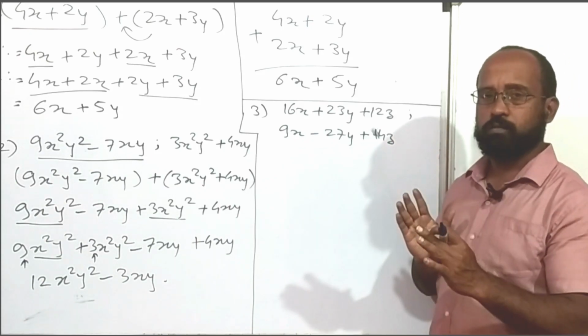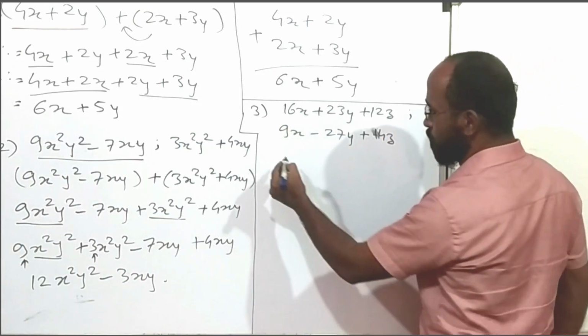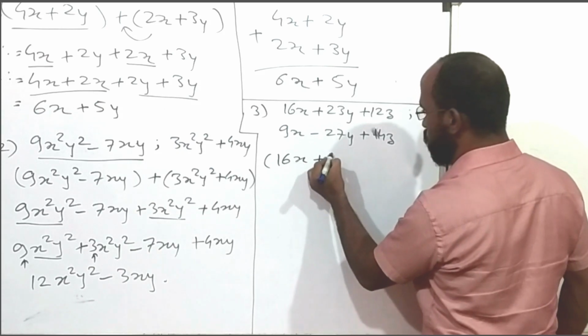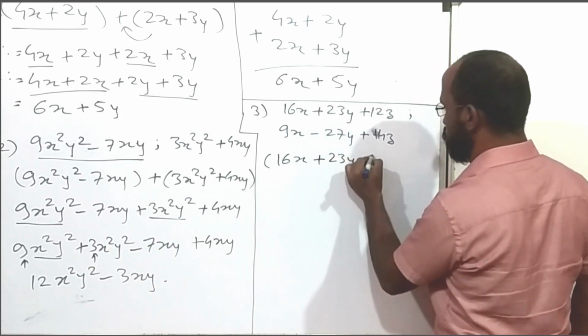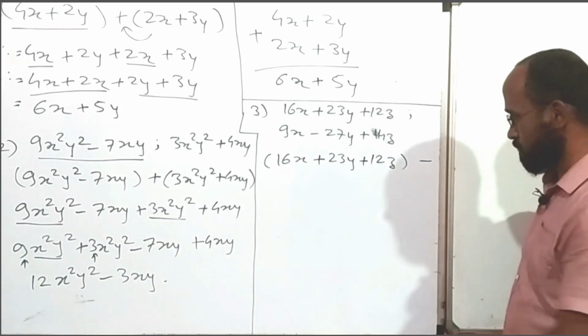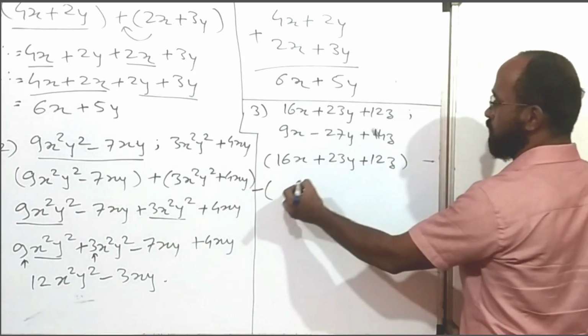So let's write it as a question. First trinomial, whole trinomial, group it in a bracket, so that will be 16x plus 23y plus 12z. Okay, minus, what is second trinomial?